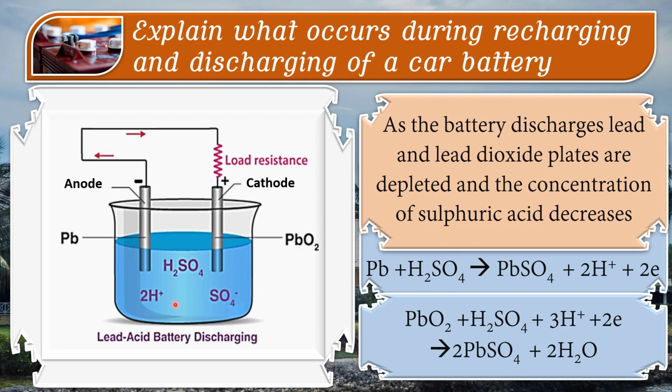And when they react with the sulfate ions, sulfuric acid dissociates more. And the more it dissociates, the more the sulfate ions are removed. And that means that the concentration of the sulfuric acid goes on decreasing. Meanwhile, our electrodes are also being depleted.